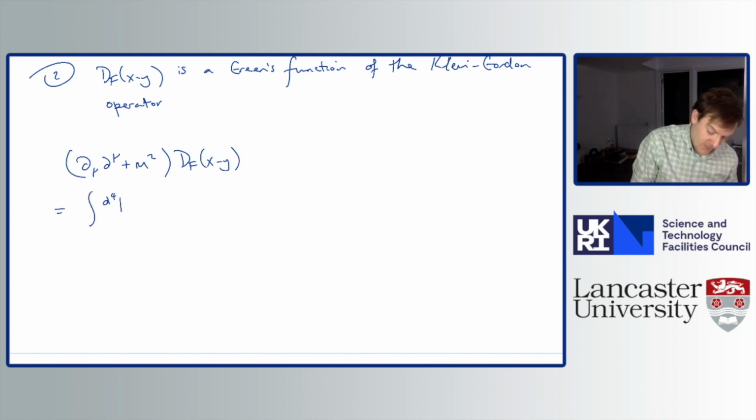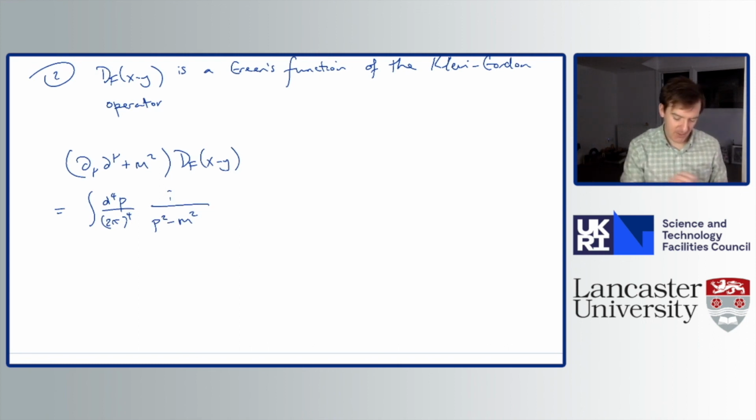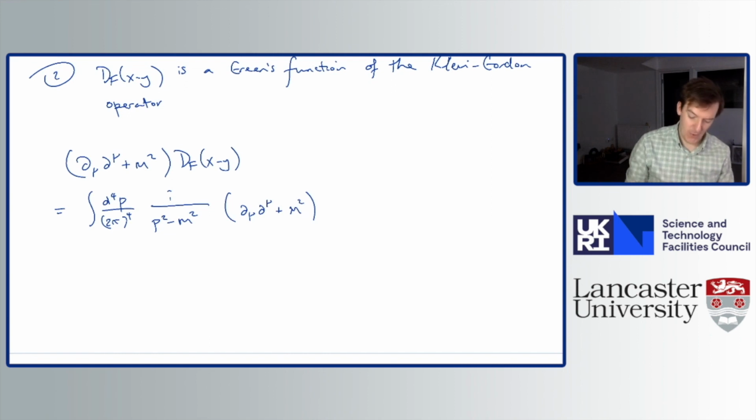So let's use the form for the Feynman propagator that we've just derived, with p squared minus m squared. I could put the plus i epsilon and take the limit epsilon goes to 0, or I could remember the prescription for the poles.